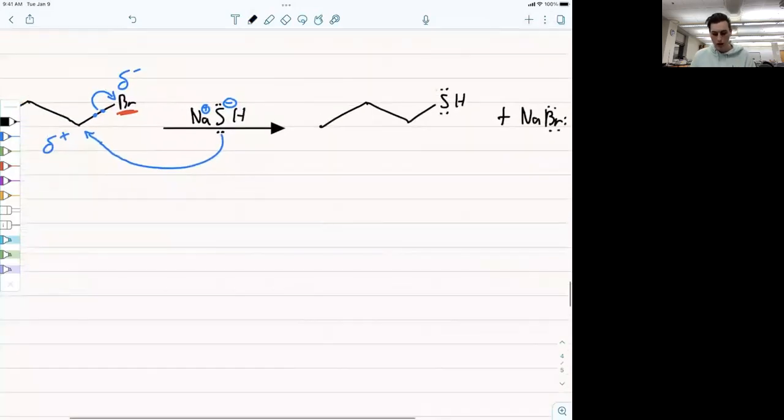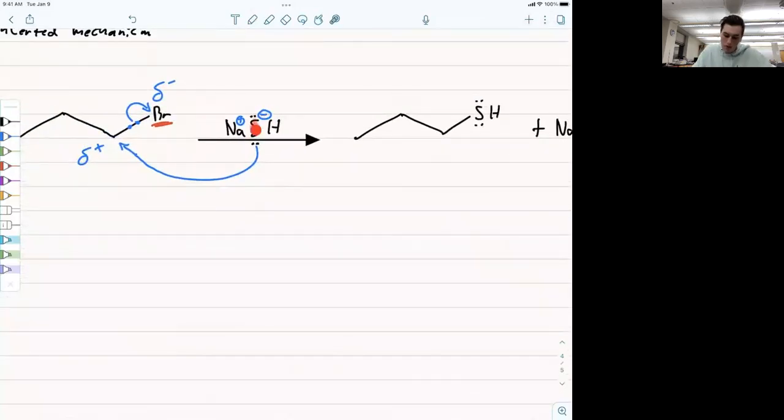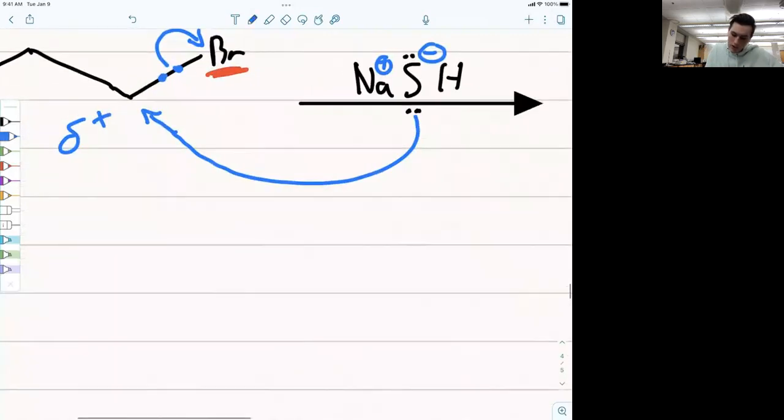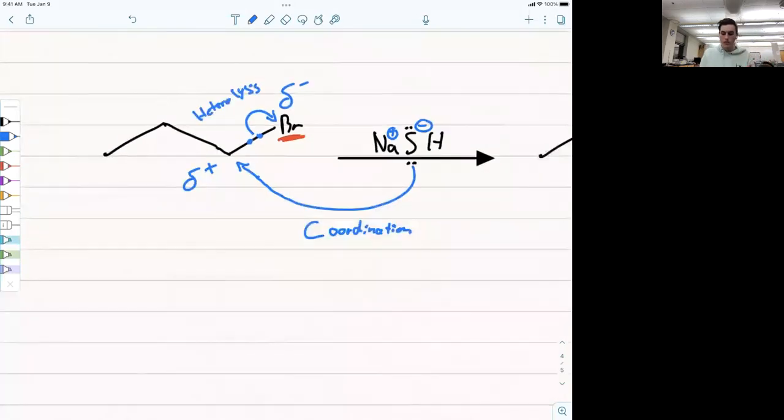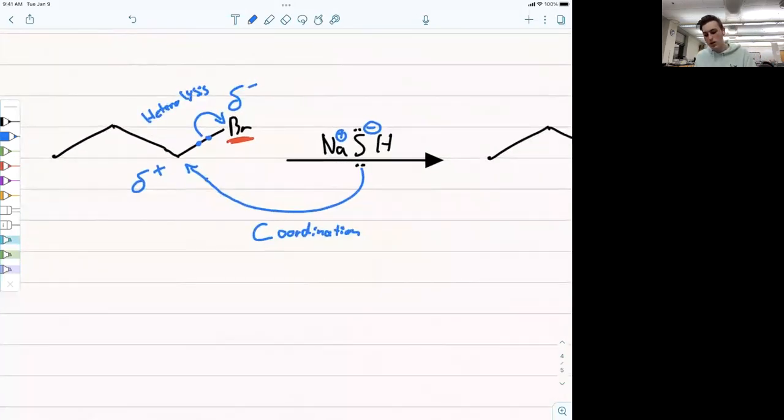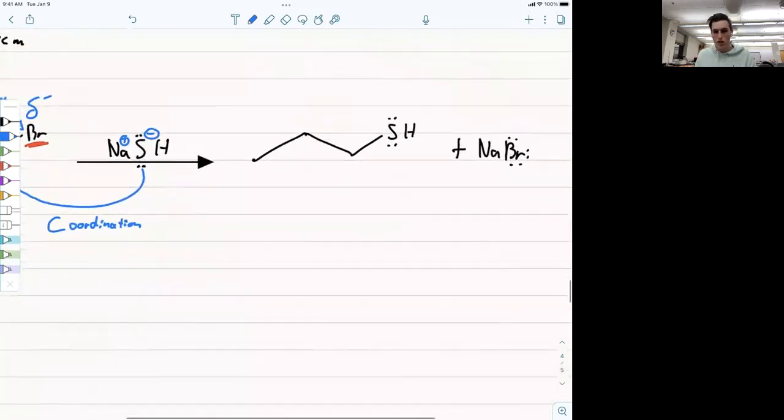So that's an SN2 reaction. We went from electron rich over here because I have my negative to electron poor over here, and then it broke off. I'll just label what we did too. This is coordination. And this is heterolysis. And that's what we did. Coordination of the bond, heterolysis, and then we produced our SH on the end.